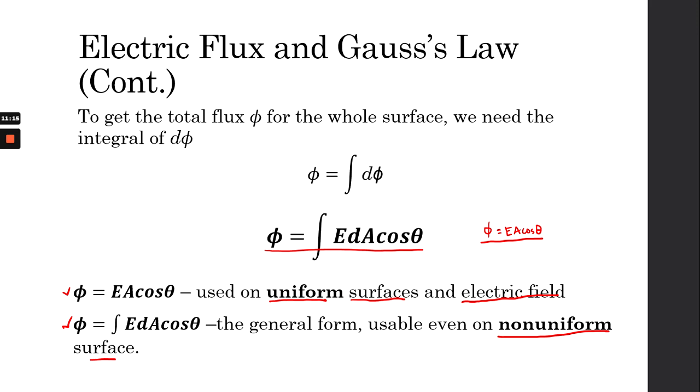But the integral form is the most general form, which you can use to find the electric flux even if your shape is not uniform, meaning it's not flat, it has bumps all over the place. It can be whatever shape it needs to be. So those are the two main differences. Again, why is this very effective?